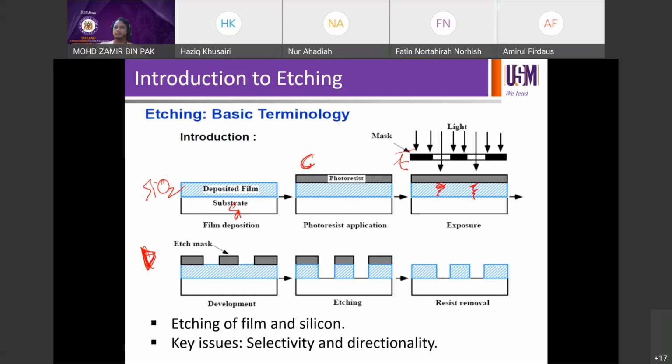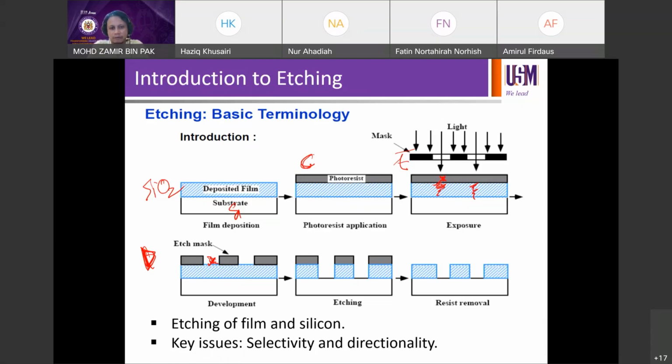Look at where it is exposed and everything. Faris? Haziq, positive. Why positive, Haziq? Amirul, positive. Why is it positive? Positive, expose, soluble. Right, positive, expose, soluble. I did remind you, right? Negative, expose, hardened. So in this case, there is no resist here, and that is the exact exposed area, so it's removed already. Therefore, it's a positive resist.